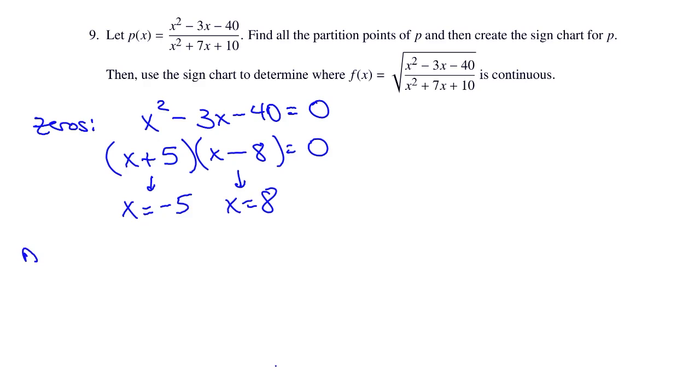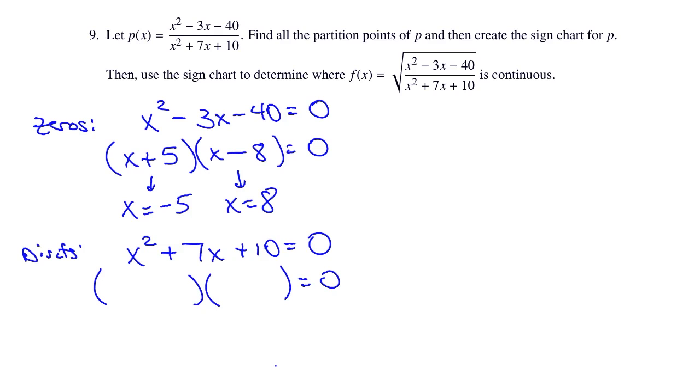Next, we need to find the discontinuities. You find the discontinuities by taking the denominator and setting it equal to 0. This one factors as well, so we have x plus 5 and x plus 2. That gives us x equals negative 5 and x equals negative 2.